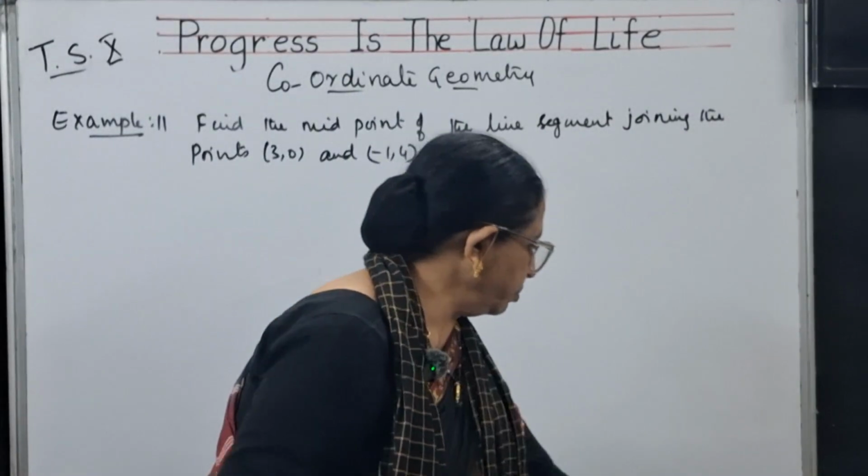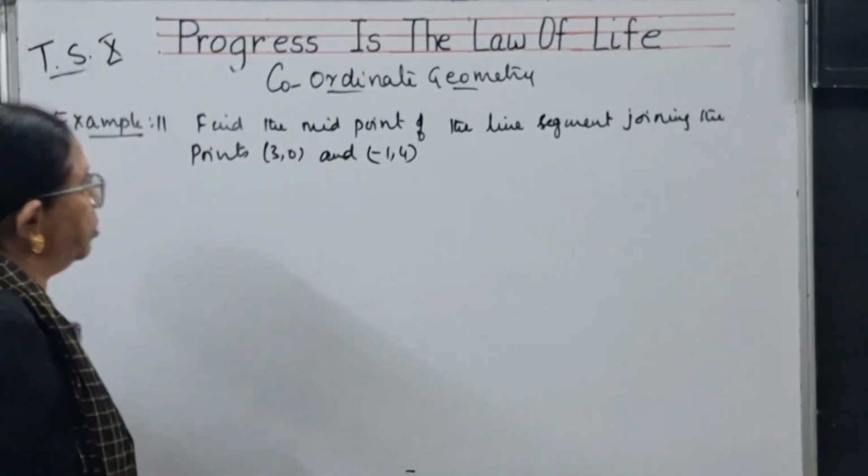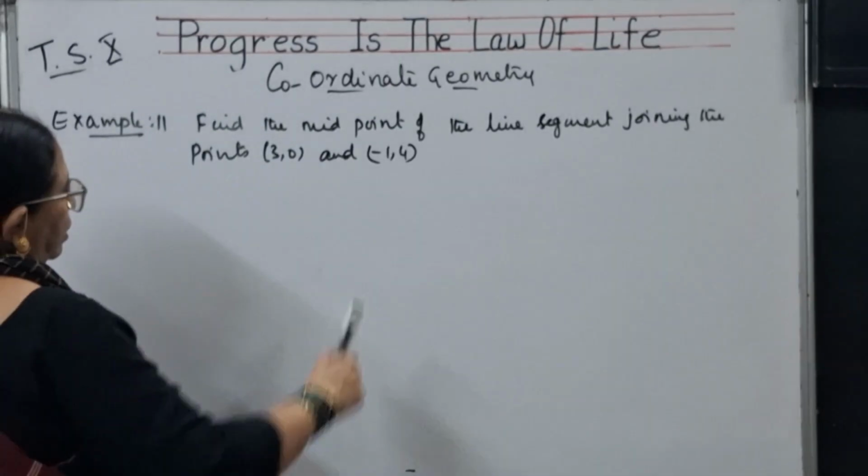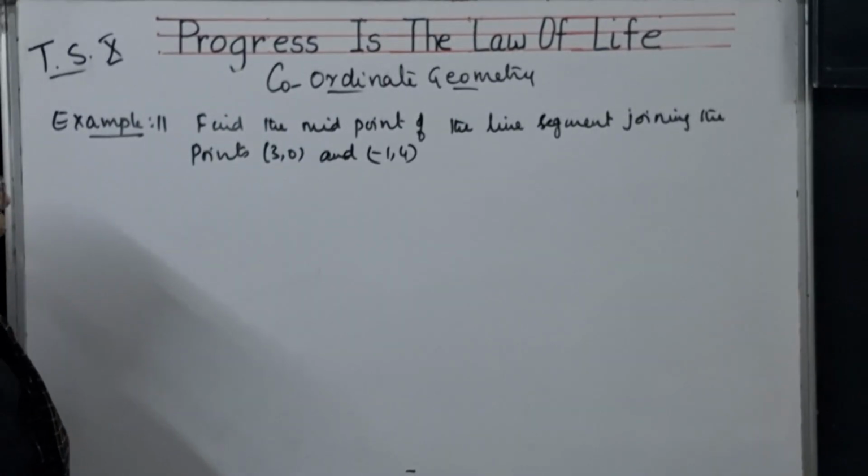Now the next example 11. Find the midpoint of the line segment joining the points 3 comma 0 and minus 1 comma 4.